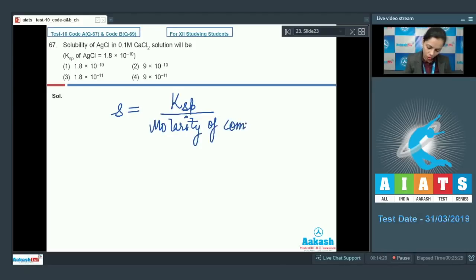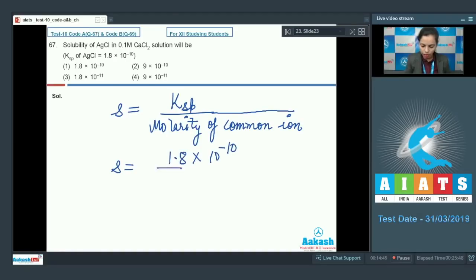In this case, the common ion is chloride ion. Just have a look. We have AgCl and CaCl2. Chloride ion is the common ion. So its solubility would be equal to the Ksp value that's given, 1.8 into 10 raised to the power minus 10 for AgCl, divided by molarity of the common ion.